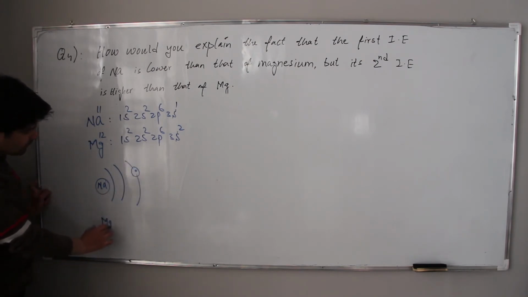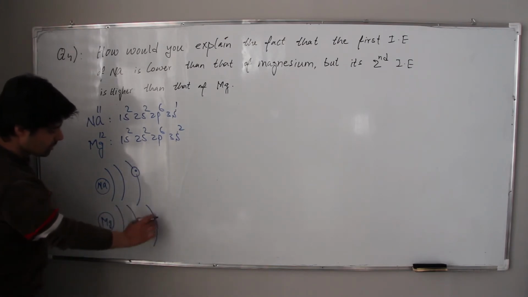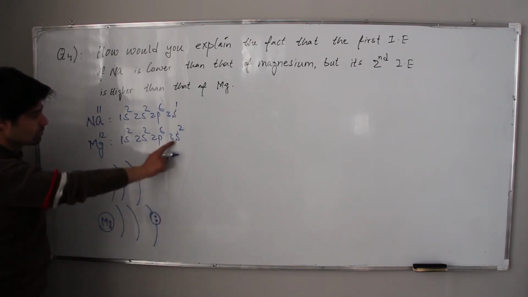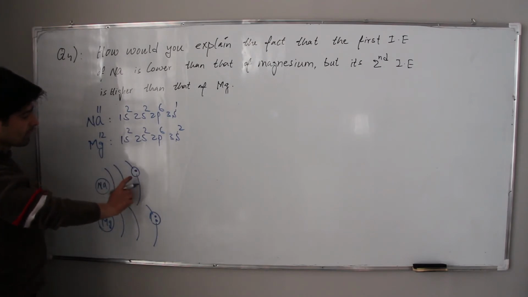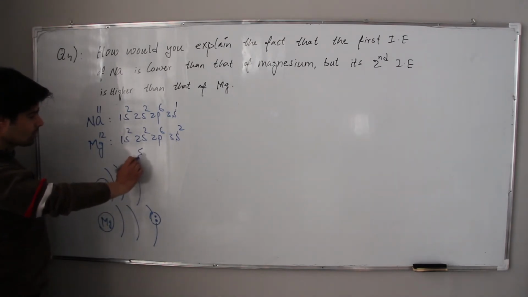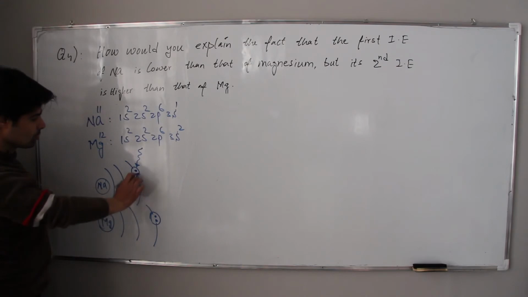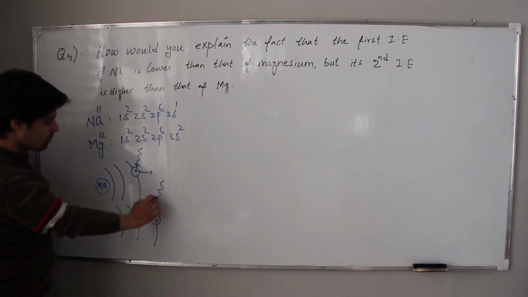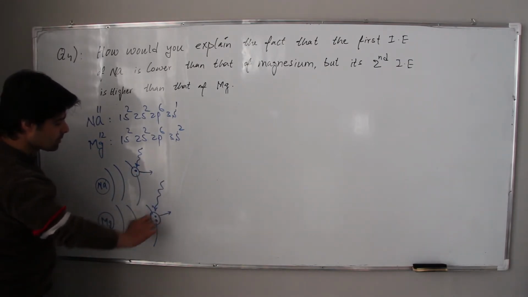For magnesium, this is first shell, second shell, third shell, and in here S has how many electrons? 2 electrons. This one has 1 electron. You want to give energy to remove its electron.